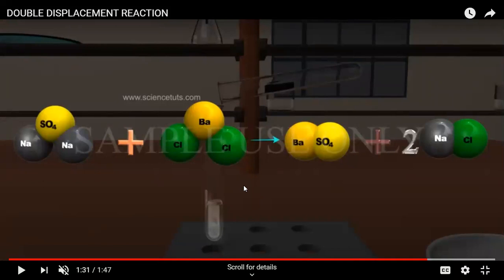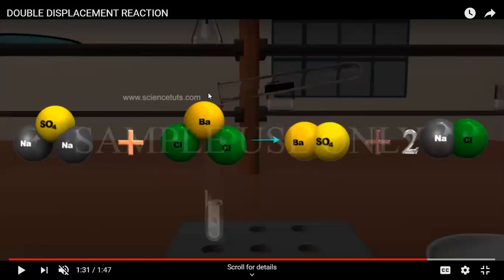First of all, we have to identify which ion is metallic or positive in this sodium sulfate and BaCl2. You can see that sodium is positive, and barium is also positive, because in the last class I already told you that whenever an element's name ends with IUM, it will be a metal.